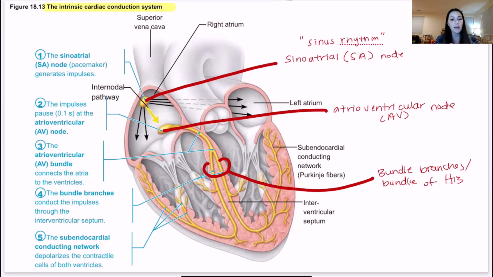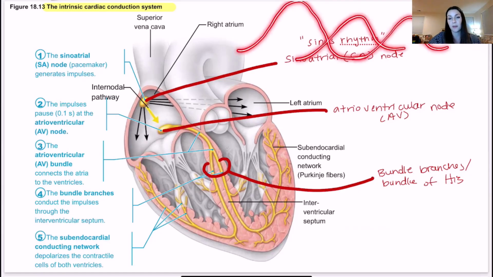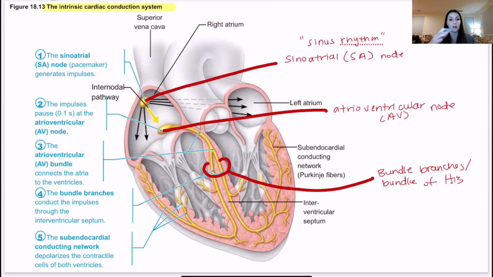And if you think about nerve impulses, if you think about action potentials, we often talk about this wave of depolarization. It goes up and down and up and down, and that wave of depolarization travels.